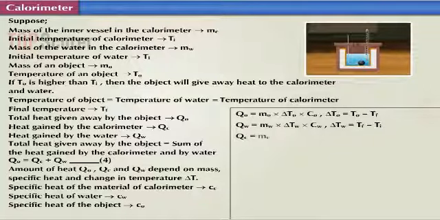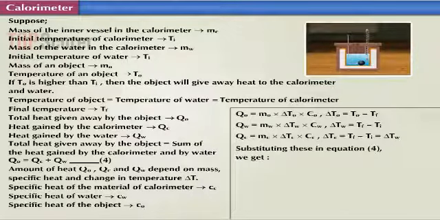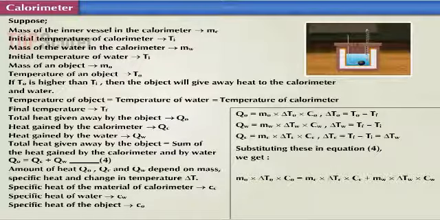Qc is equal to Mc into delta Tc into Cc, where delta Tc is equal to Tf minus Ti, which is equal to delta Tw. Substituting these in equation 4, we get Mo into delta To into Co is equal to Mc into delta Tc into Cc plus Mw into delta Tw into Cw, and this is equation 5.